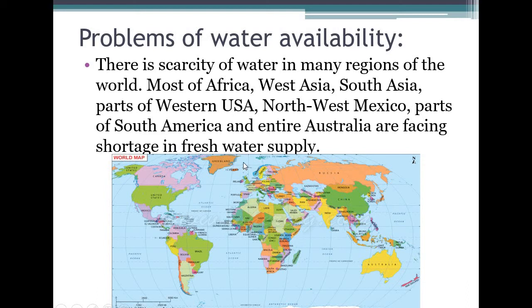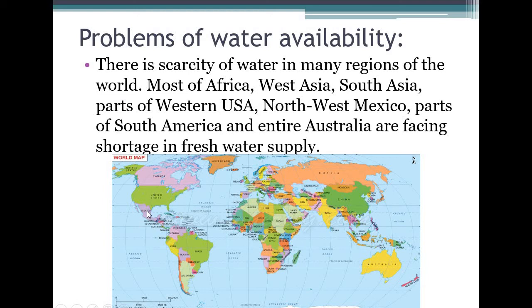Here with the help of the world map, it will be very clear to you all. Africa, so this part. And then we have West Asia: Saudi Arabia, Iran, Turkey. These countries are facing the scarcity of supply of fresh water. And then we have parts of Western USA, Northwest Mexico. Here you can see it is Mexico.